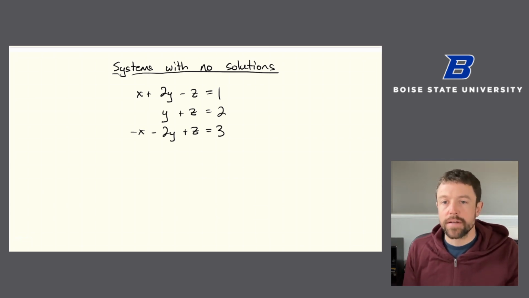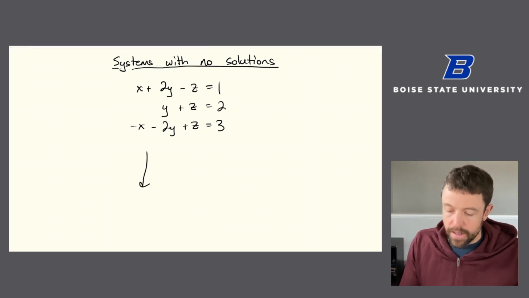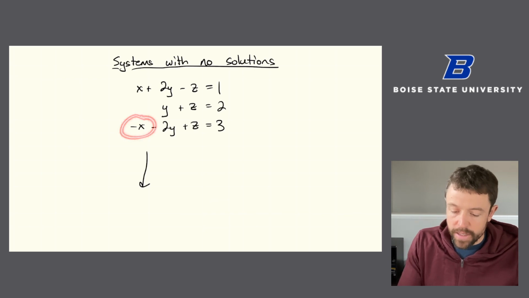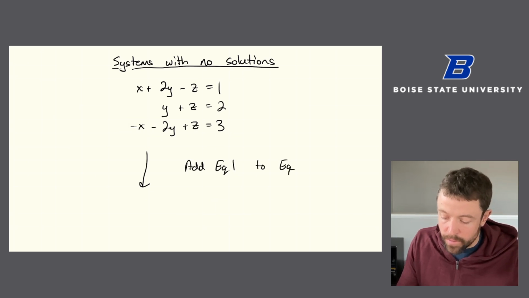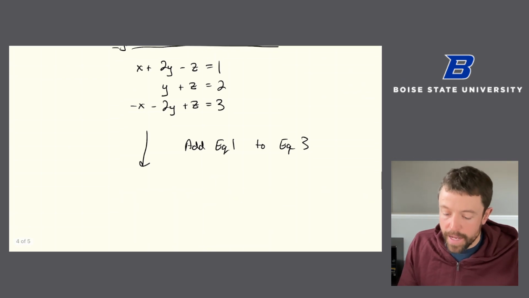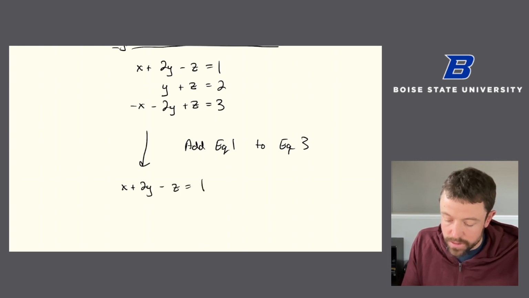When we try to solve it, what happens when I try to get rid of this negative x1? So I'm going to add equation 1 to equation 3. When we add equations to others, we don't change that equation, right? Equation 1 remains the same.